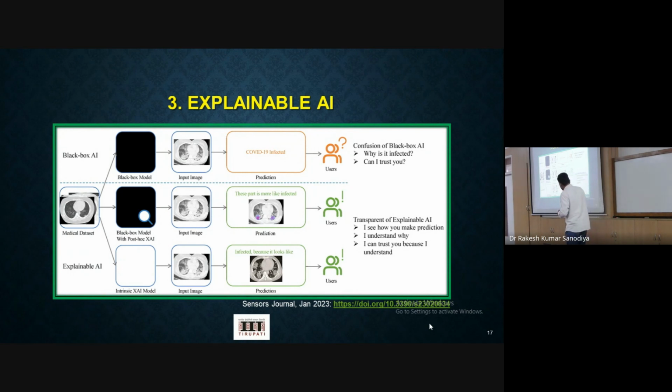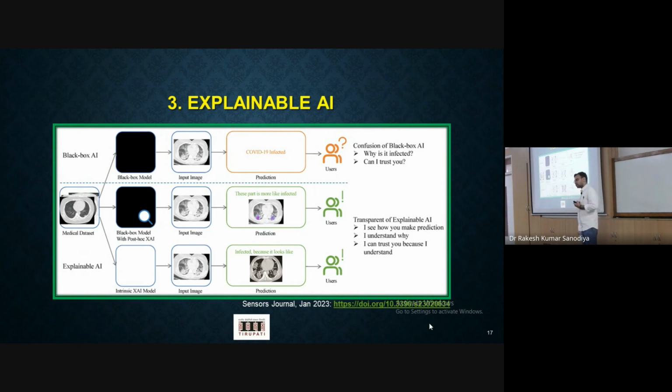Even better, there is another kind of explainability: I not only say that these are the regions that led me to that, but I also pick up the closest cases from the entire training data set. I will tell you, look, earlier in the training data set you marked this person as a COVID infected person, and I see this image being very close to what you have given me right now, and based on that I arrived at this conclusion.